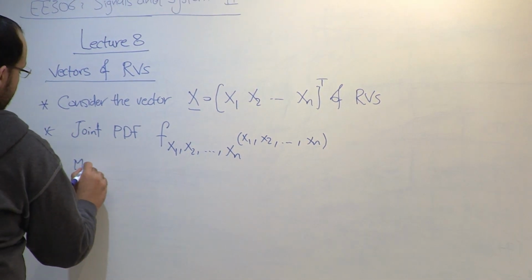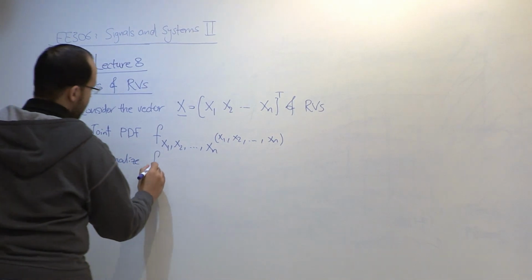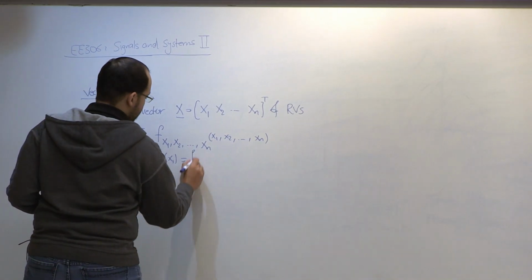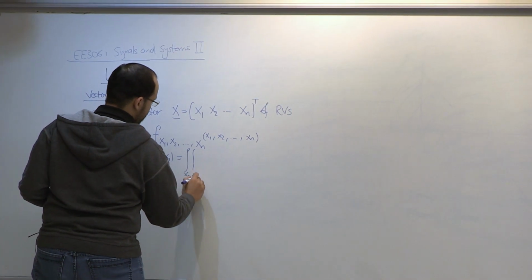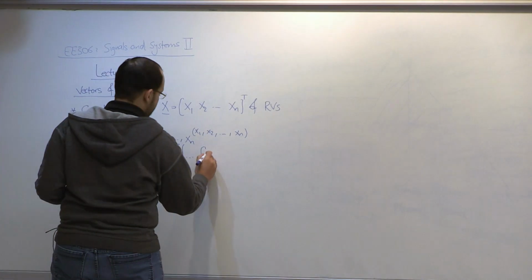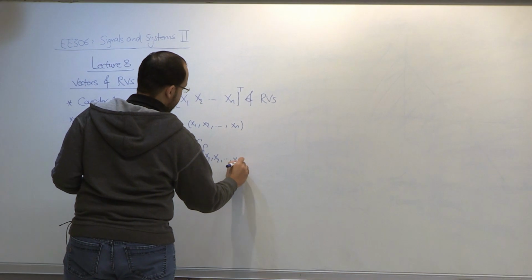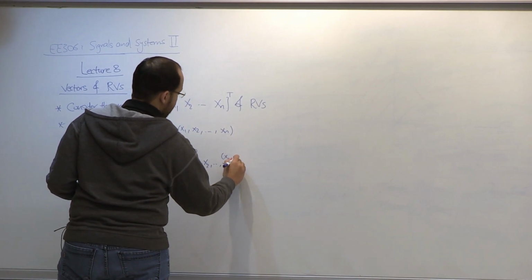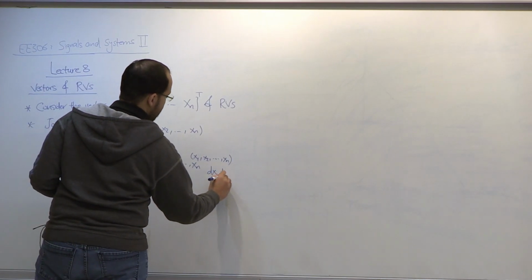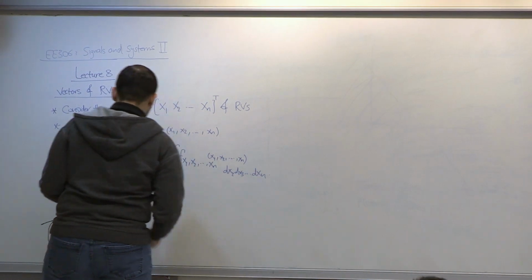To marginalize, f of X1 at x1, for example, is the integral over x2, x3, up to xn of the joint PDF of x1, x2, up to xn, dx2, dx3, up to dxn.